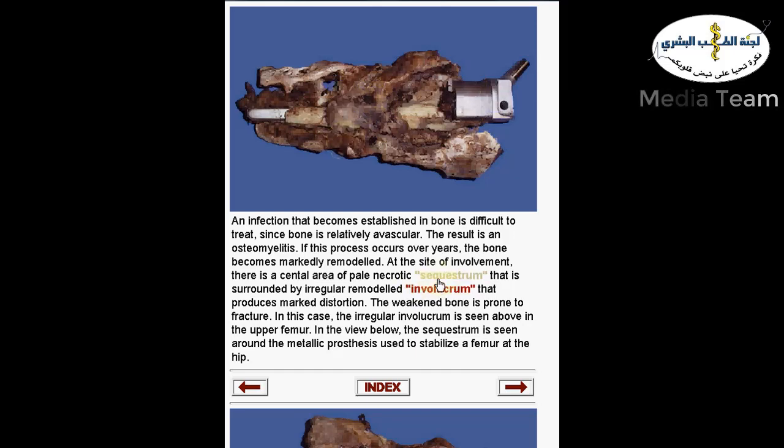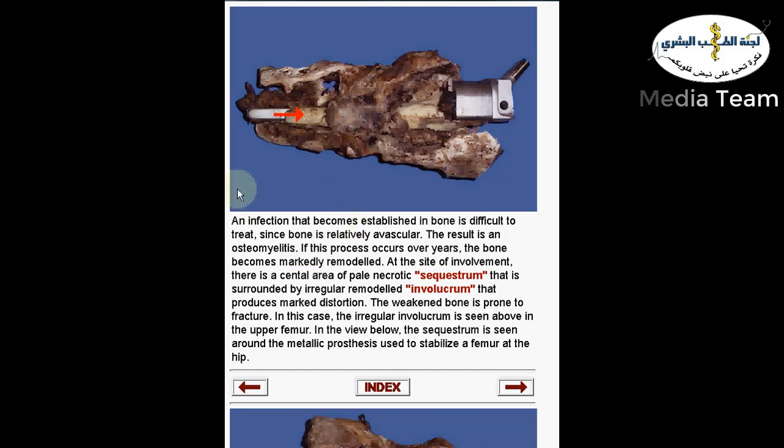Now, in chronic osteomyelitis, at the area of infection the bone becomes necrotic, and we have fibrosis and chronic inflammatory cells, like we are going to see under the microscope in a while. This necrotic dead area we call sequestrum, and that's the old dead bone.